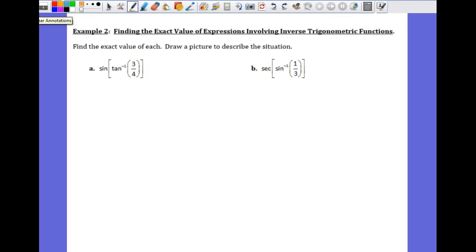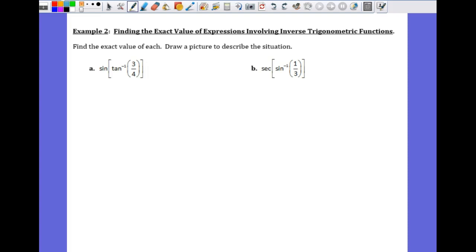So it says find the exact value of each. Draw a picture to describe the situation. So we have the sine of the inverse tan of 3/4. So ignore the sine stuff, and you have the inverse tan of 3/4.